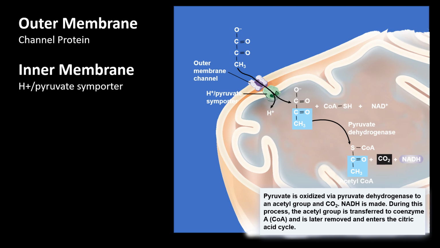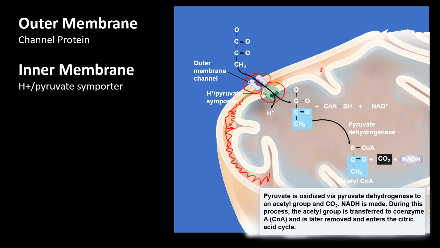So here we can see pyruvate being transported across both membranes. Now what's interesting about this is that this transport, these proteins here that bring pyruvate in, are driven by the same osmotic force, the chemiosmotic force that generates the ATP that we're going to learn about later.